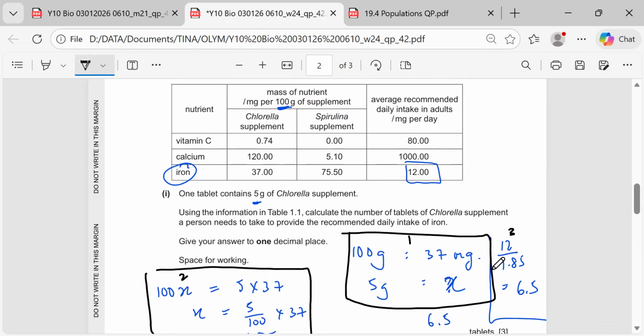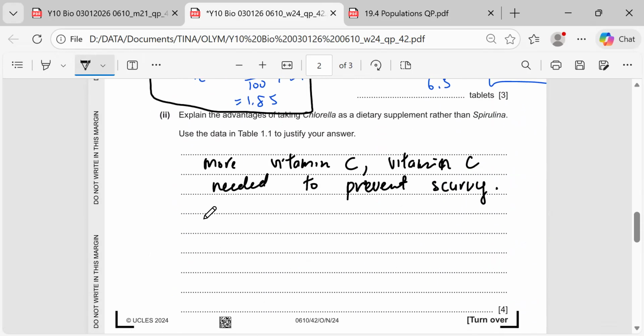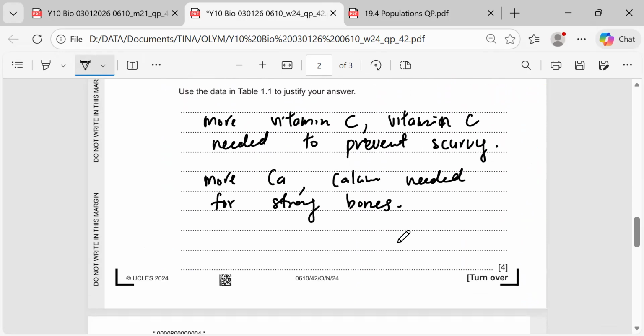It has more calcium, needed for strong bones. Even though it has less iron, it has some iron. Actually, vitamin C is needed to absorb iron, but it's not in your syllabus.